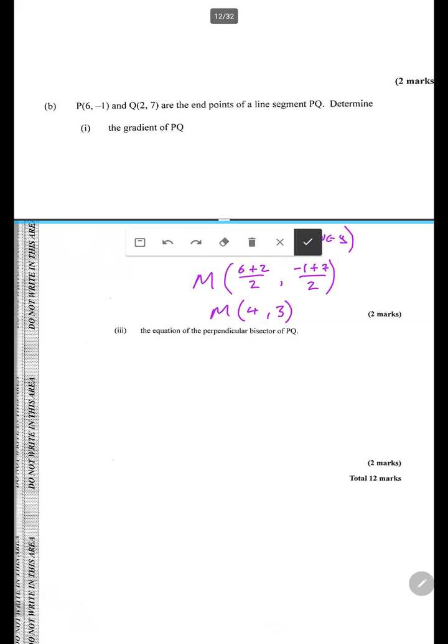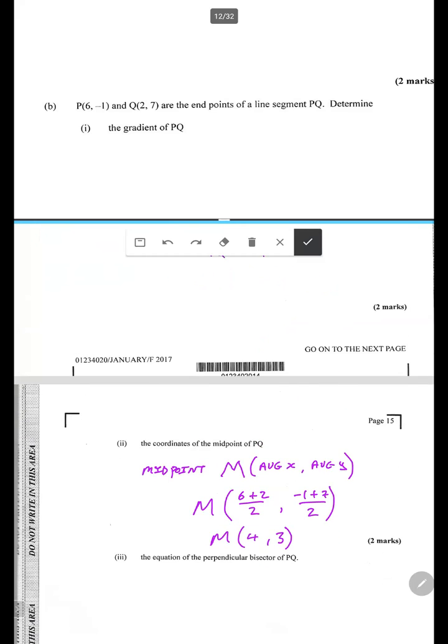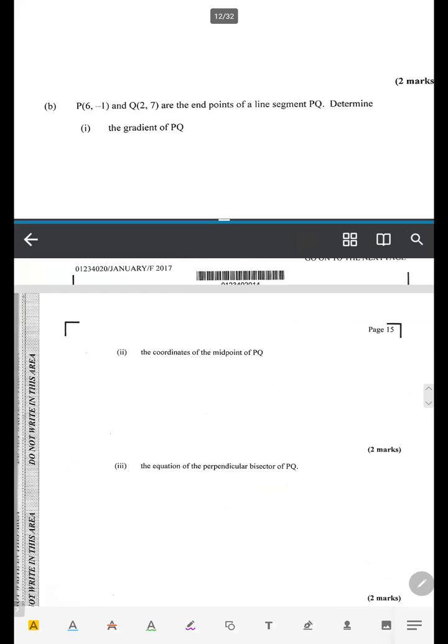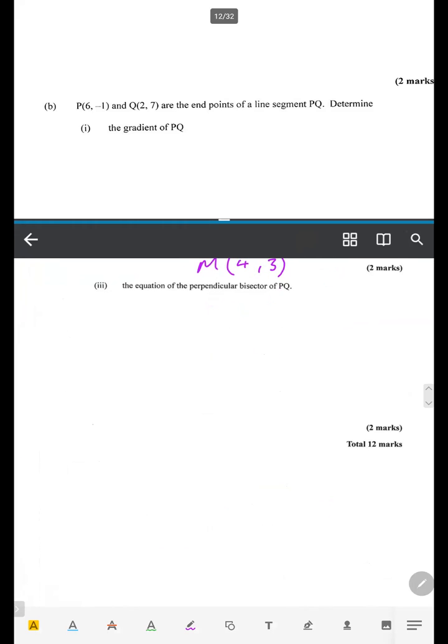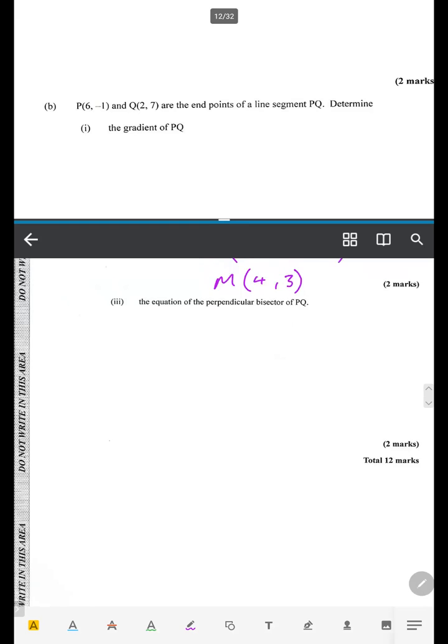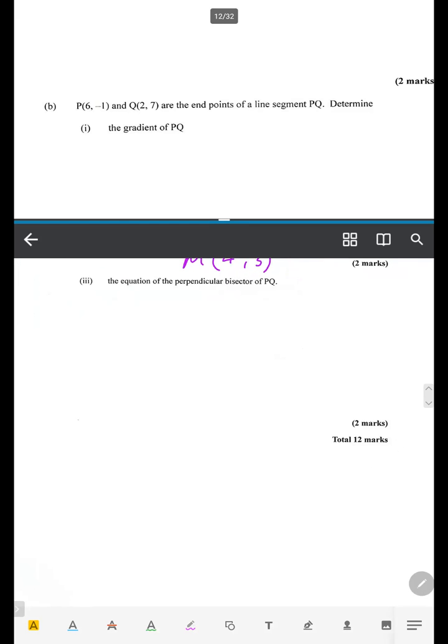The gradient of PQ was what again? Negative 2. All right, so let me do a little sketch. So PQ is basically like this. It's 6, negative 1.